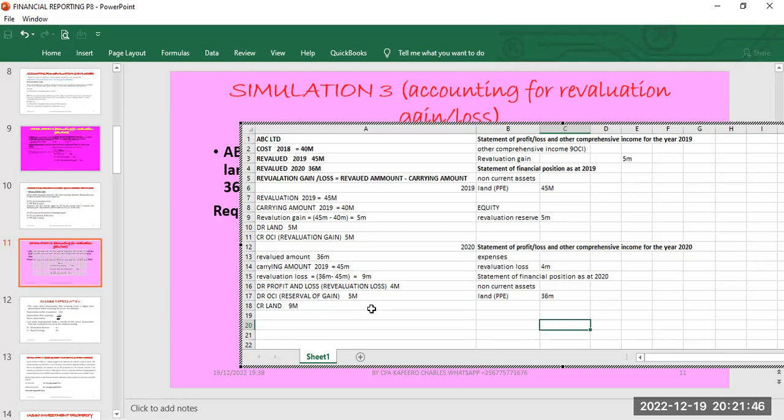And that's basically what we do with an asset that has registered a revaluation gain in maybe the previous year, but this year it is showing a loss. So basically that's what we do.